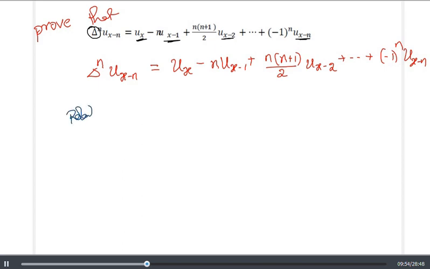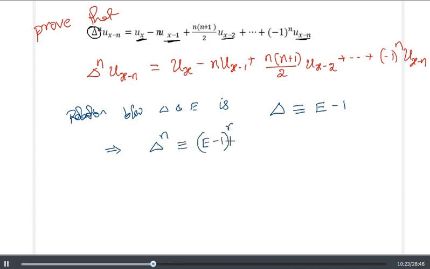The relation between delta and E, that is the forward difference operator, is identically equal to E minus 1. Now this implies delta power n can be seen as (E minus 1) whole power n.